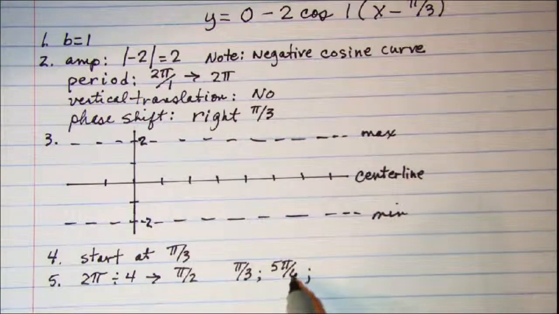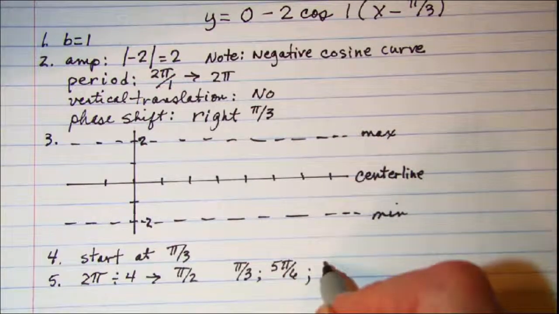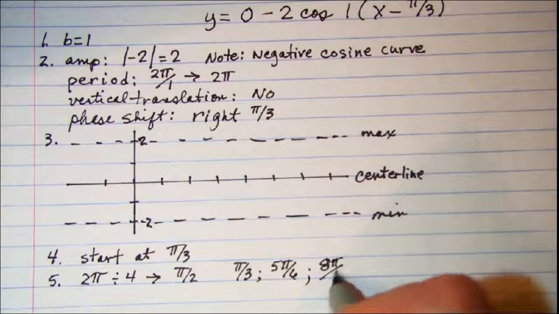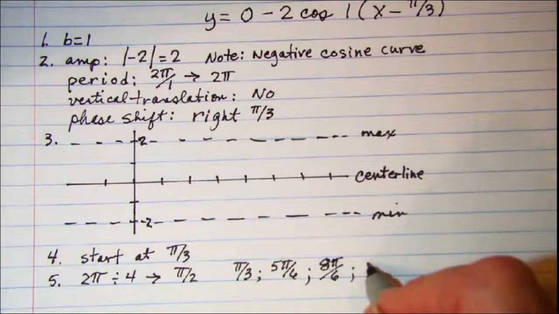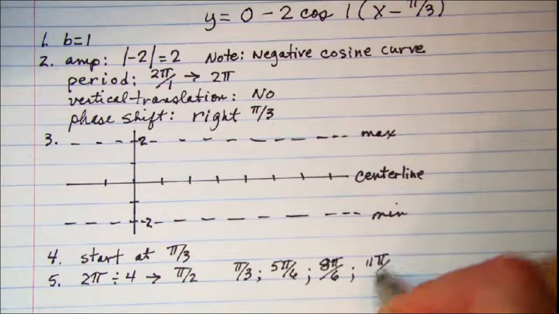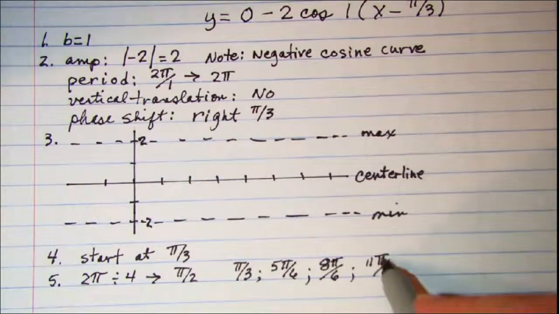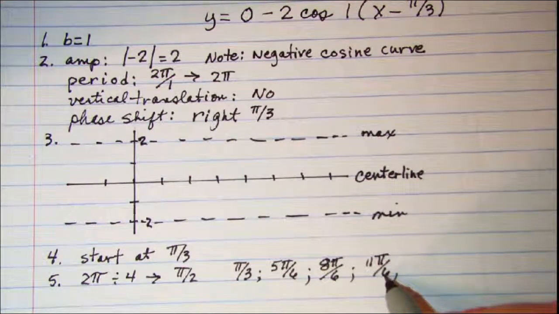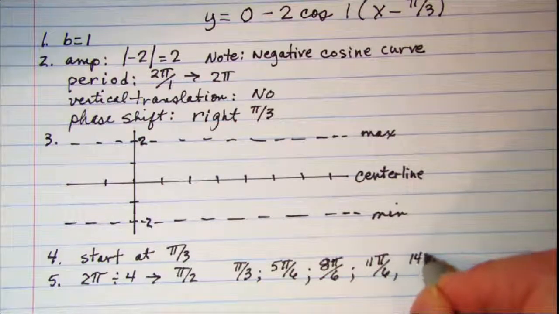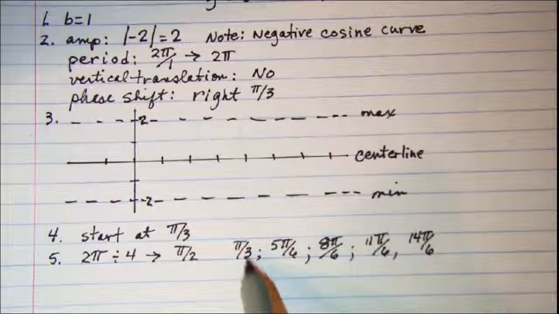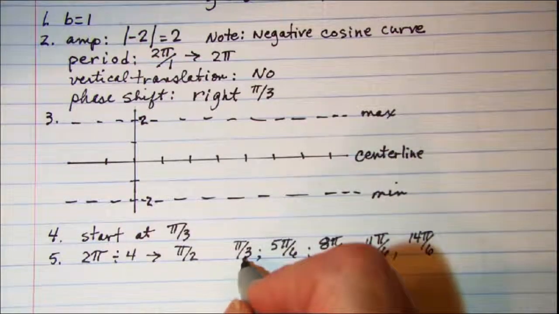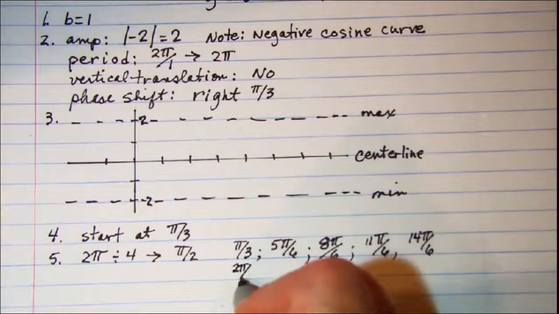And then if we add pi over 2 to 5 pi over 6, we get 8 pi over 6. And then add pi over 2 to this, we get 11 pi over 6, and then add pi over 2 to this, we get 14 pi over 6. I'm going to go ahead and change this one to 2 pi over 6 so we can have a common denominator.